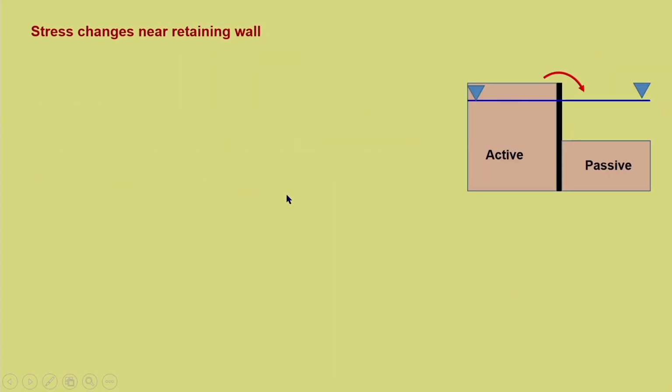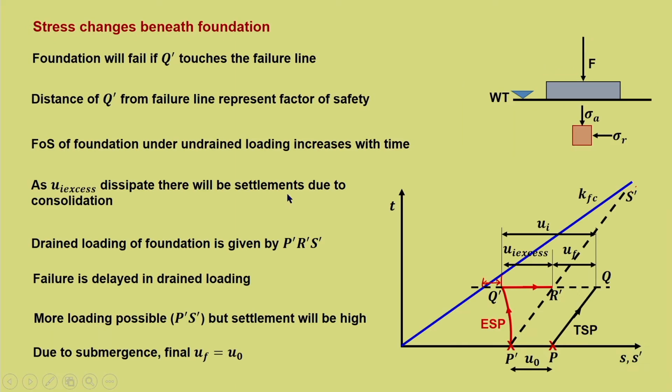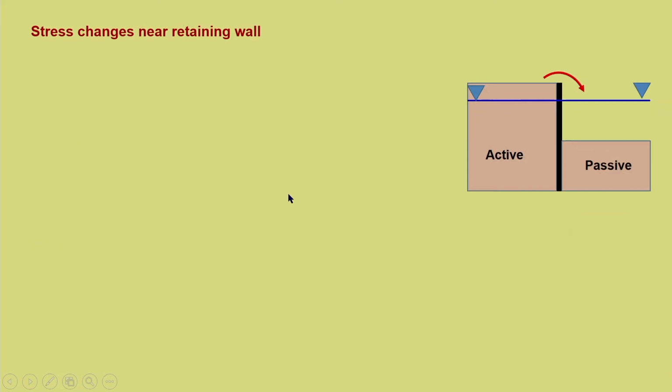Let us say that it is not a submerged condition; then there is a possibility that the final pore water pressure is not actually equal to U naught. It can be even less than that, and that is generally governed by the manner in which the pore water pressure got dissipated, how it seeped out. So, that is all about the stress variations that happen beneath a foundation.